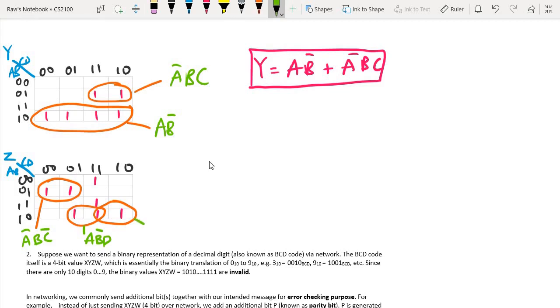Again AB does not change, it's the same row, so it is A B bar, and within these two columns D changes, so D is eliminated, so left is C, A B bar C.